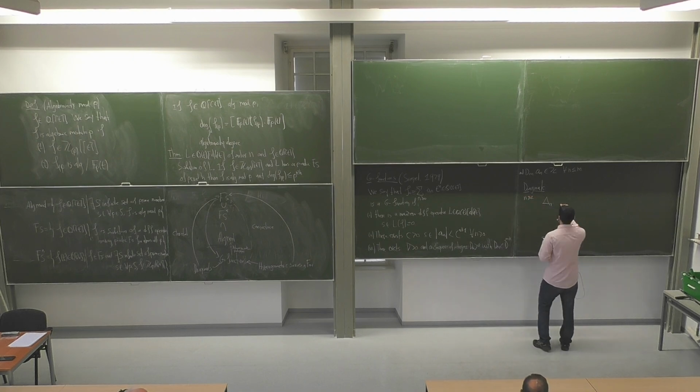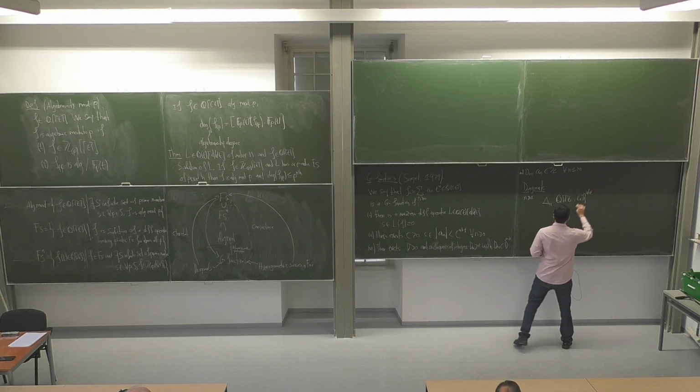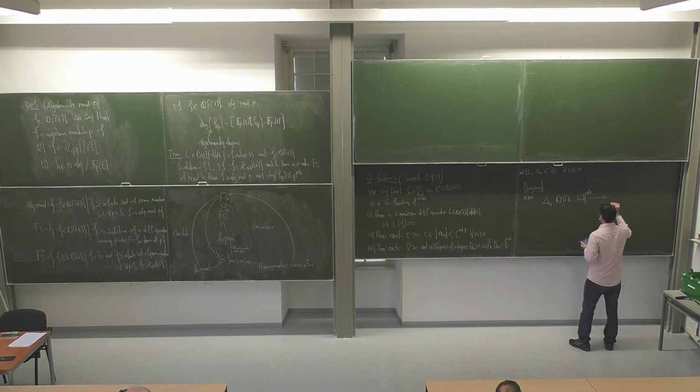We have the ring of power series in n variables which are algebraic over the field of rational functions in n variables. So this operator goes to the ring of power series.